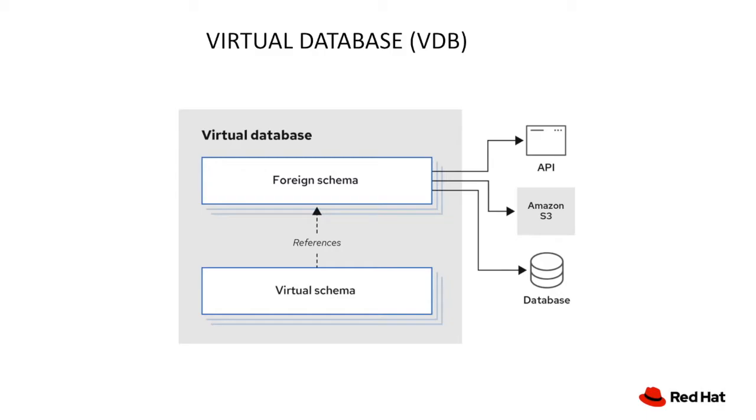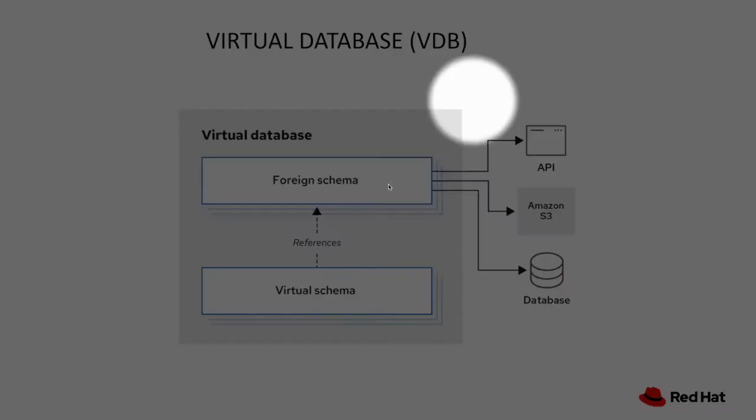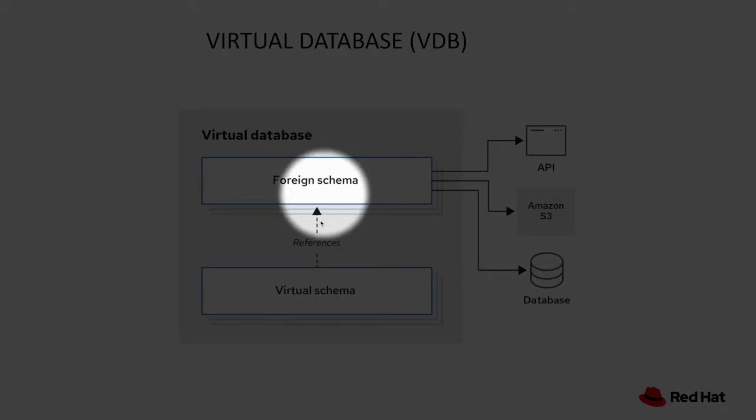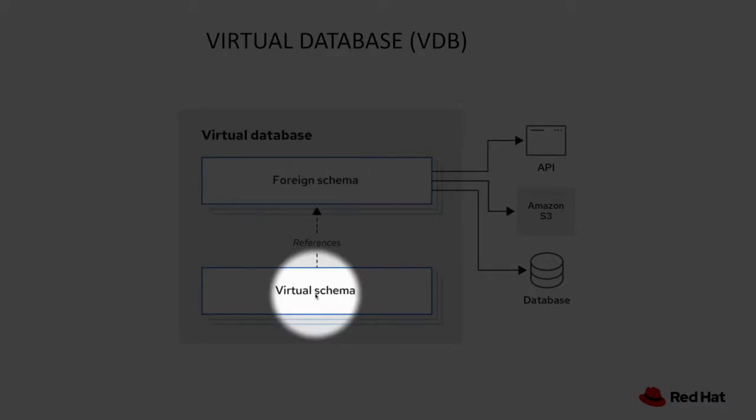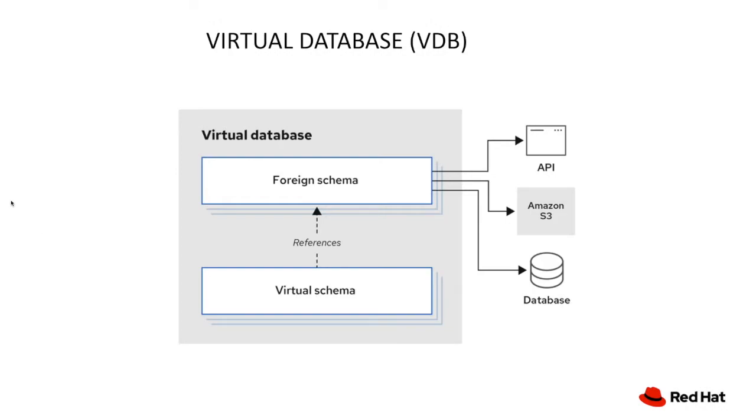There are two types of schemas, namely foreign schemas and virtual schemas. A foreign schema represents external or remote data sources, such as a relational database, a CSV file, a web service. A virtual schema is a logical schema layer that is defined using schema objects from foreign schemas.